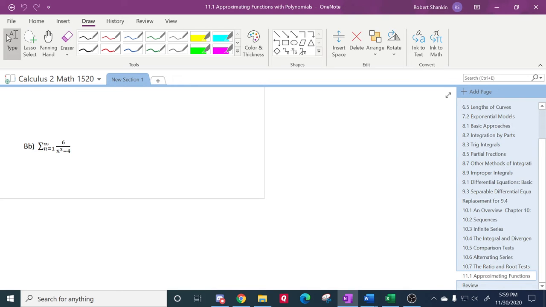But because of the -4, we need to use either the comparison test or the limit comparison test to show that it converges. Now, when you make the denominator smaller by subtracting something, it actually makes the fraction bigger. So we can't use the comparison test. We'd have to use the limit comparison test.